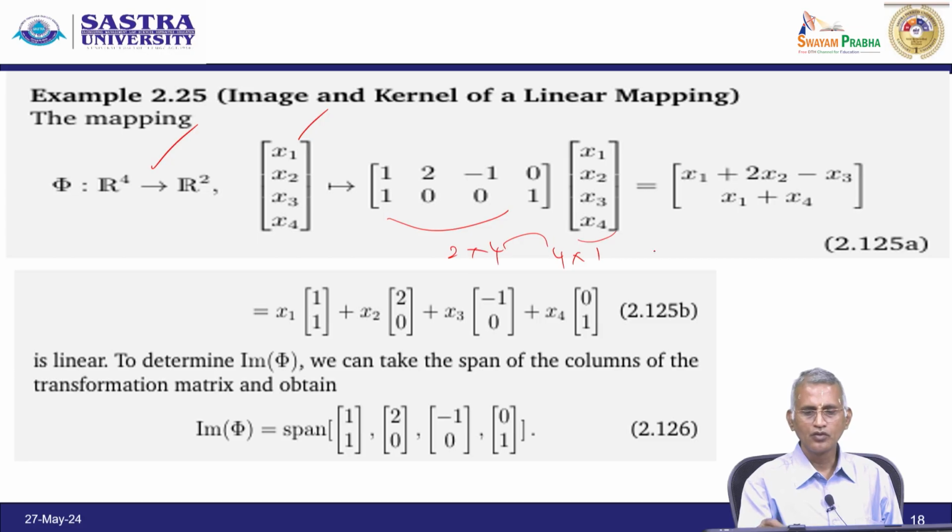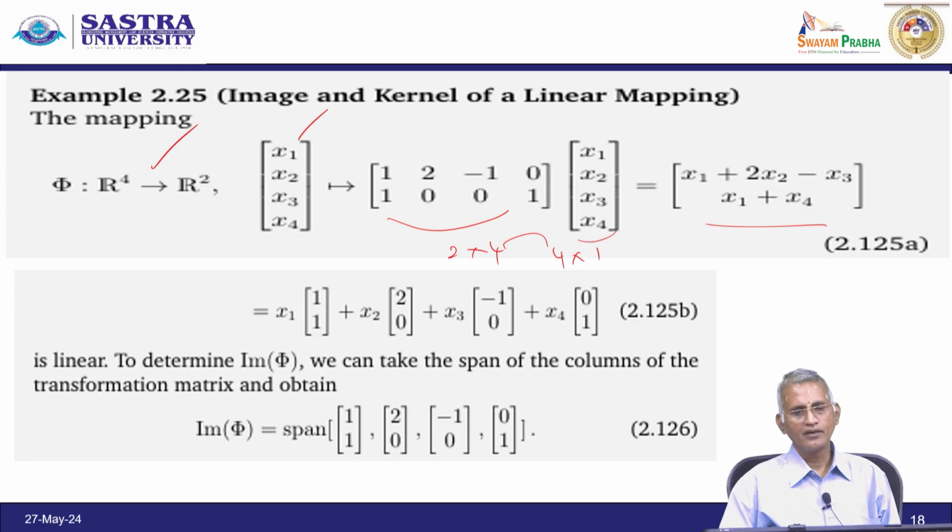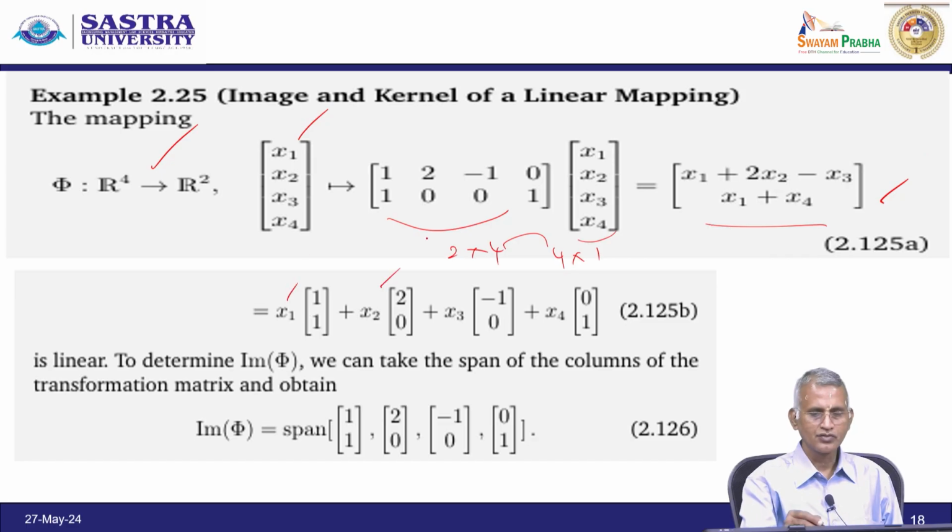If you multiply like that, we have first x1 plus 2x2 minus x3, and the next one is x1 plus x4. So, what happened? Collect all x1, x2, x3, x4 so that we have a linear combination expression. If it comes like that, then it is said to be linear.